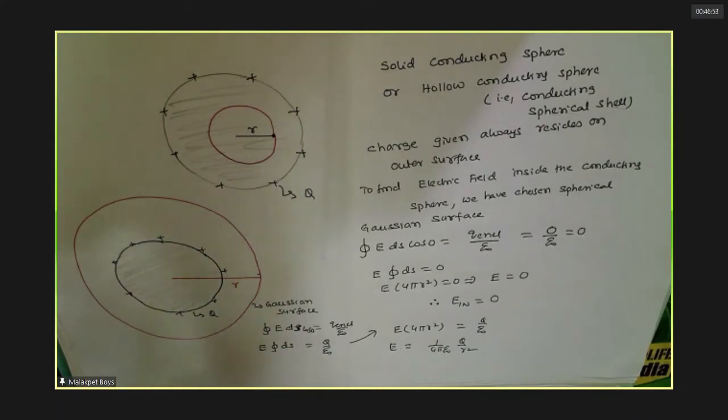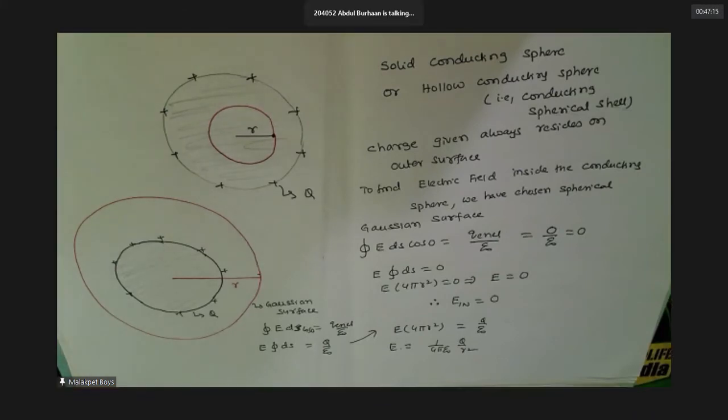The problem is that the summation is very difficult. So for spherical charge distributions, if you take a spherical Gaussian surface, evaluation of E dot ds will be easier. Understood this?